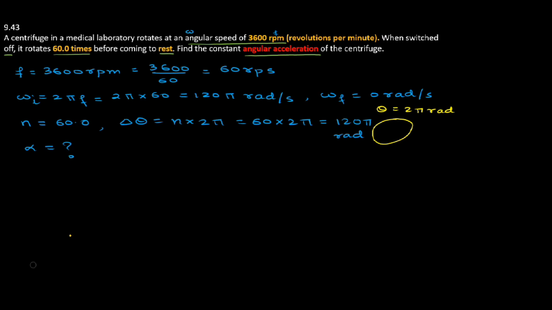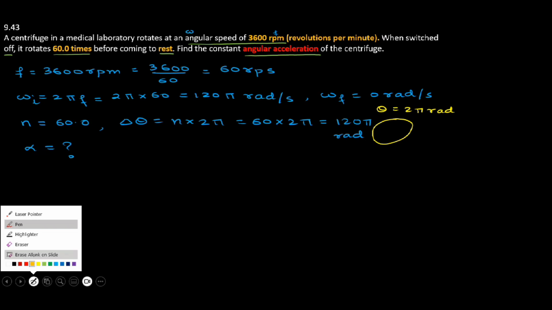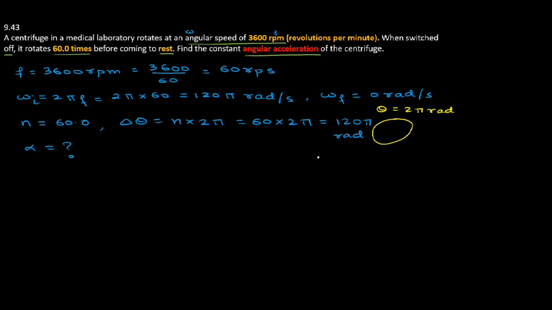I need to find the value of angular acceleration alpha. Since we have angular displacement, initial velocity, and final velocity, we are going to use the fifth equation of motion to solve this problem. The fifth equation of motion says that V final squared equals V initial squared plus 2a delta x.